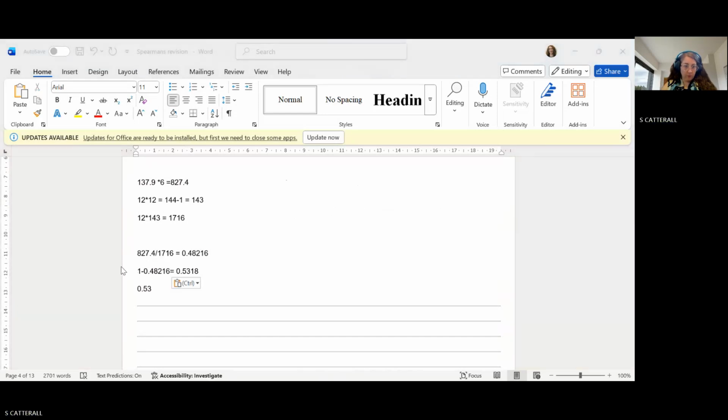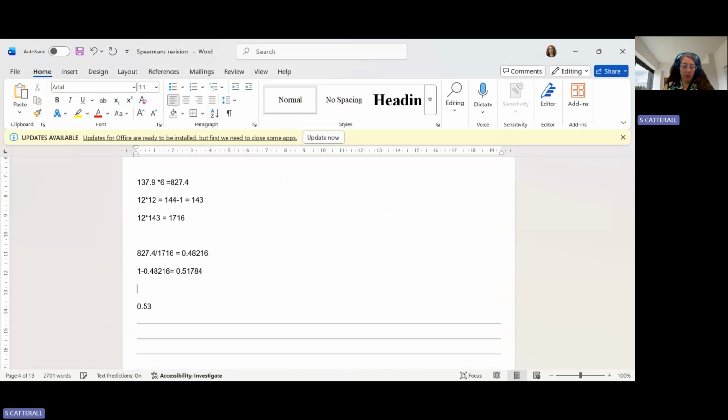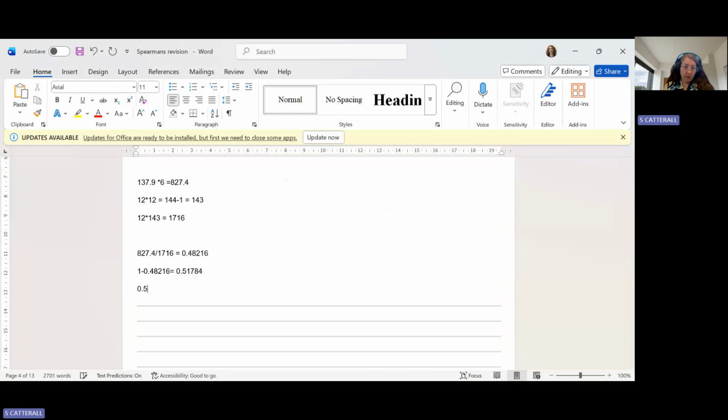Copy that. Take that away from 1. So that's not right. We've got 1 minus 0.48216. So we've got 0.51784, which we would generally say 0.52, although they're saying 0.517, so that's fine.